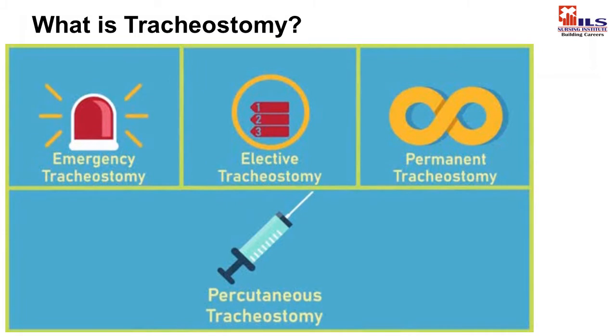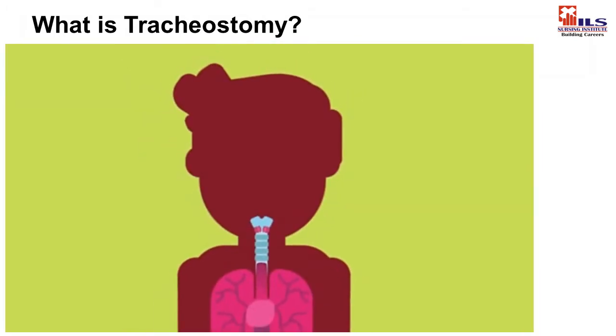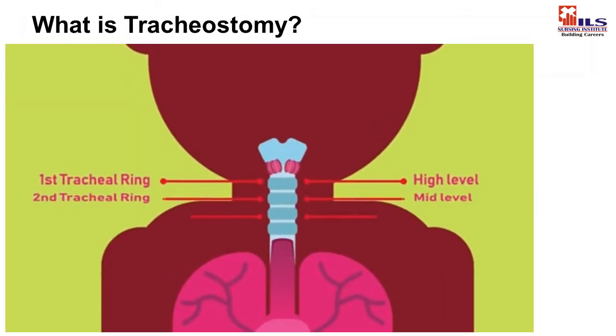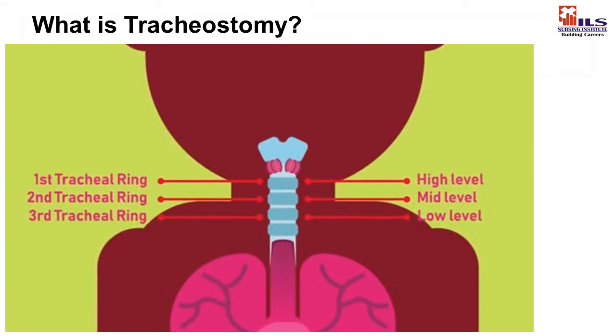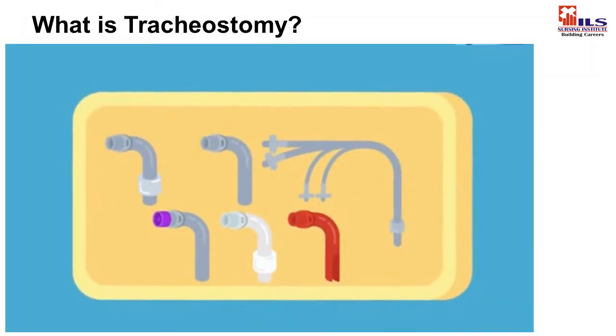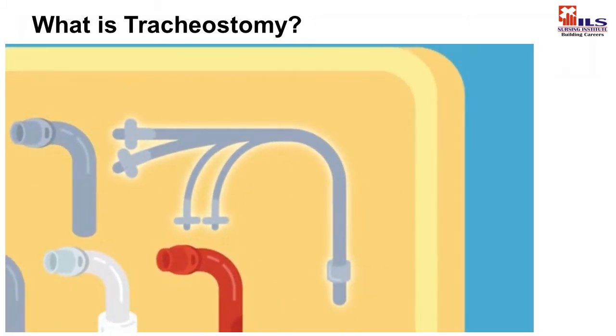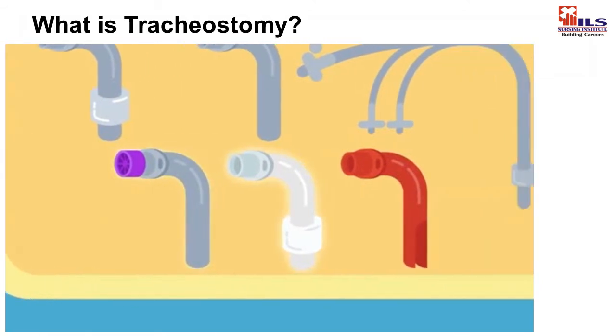Percutaneous tracheostomy, 5. Mini tracheostomy, also known as cricothyroidotomy. Tracheostomy can also be classified as high, mid, or low, depending on the level at which it is inserted into the trachea. Different varieties of tracheostomy tubes include cuffed, non-cuffed, double lumen tubes, tubes with speaking valves, metallic tubes, and so on.